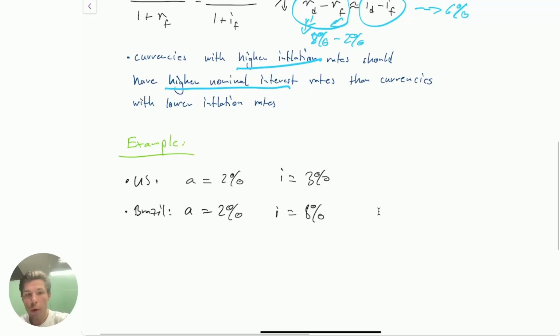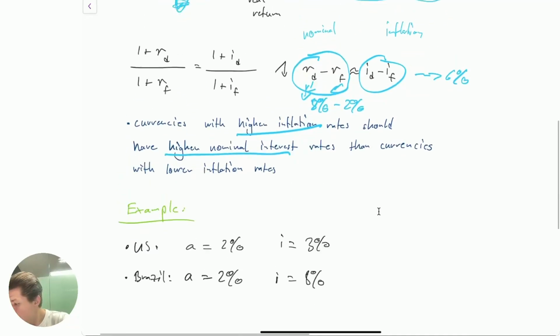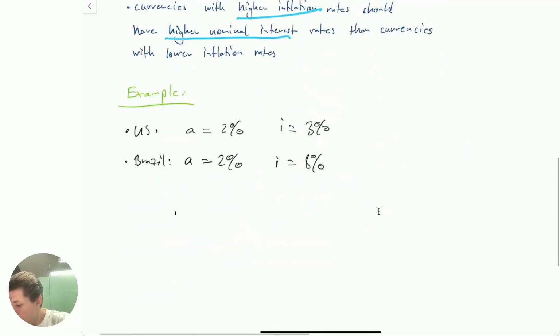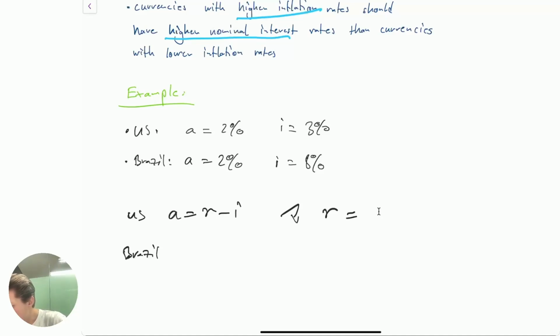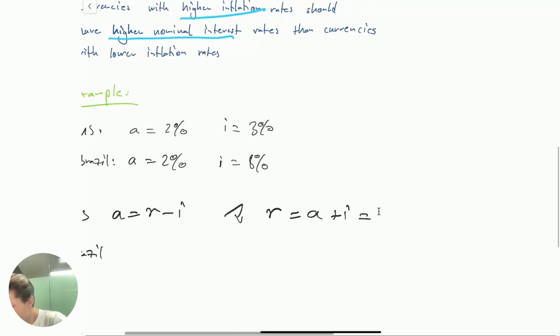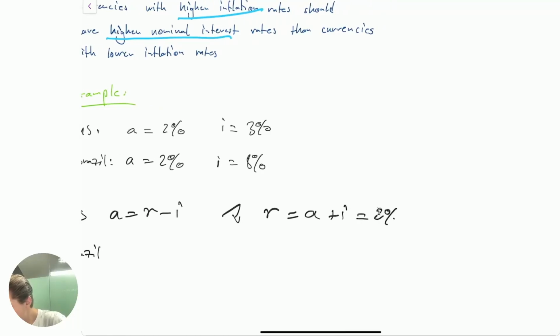Then, if we use the formula, A equals R minus I. If we look at the US and Brazil, and we change it for R, because we want to know what the nominal interest rate is, R equals A plus I. For the US, A is 2% plus 3% equals 5%.